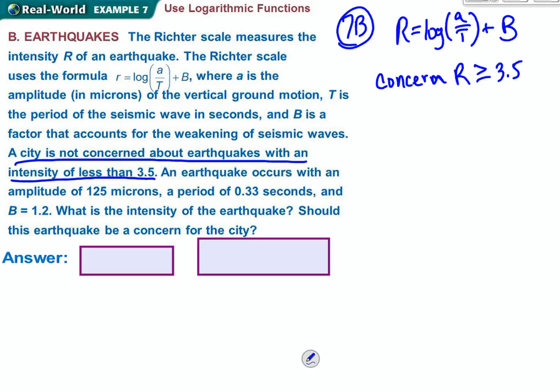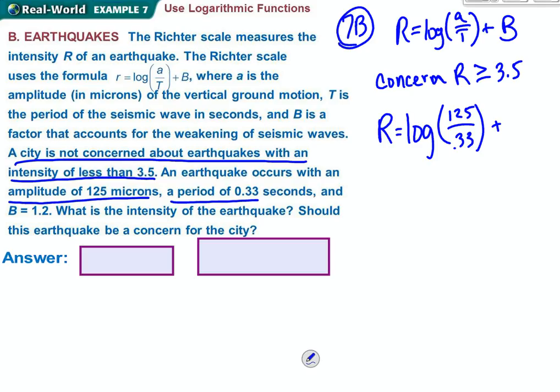So for this one, we'll use those values again. R equals log. A this time is the amplitude of 125 microns over T, which is the period of 3.33. And then that B value is 1.2, so plus 1.2. So take a moment and figure out what that is. Again, a common logarithm, so you can just type that on your calculator.